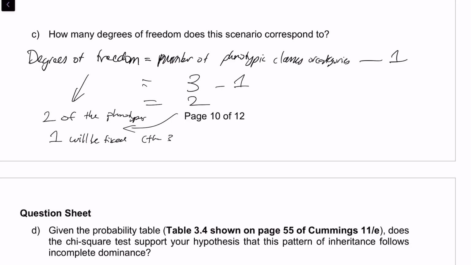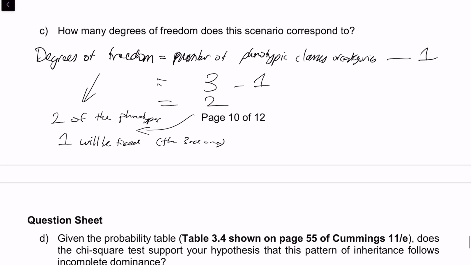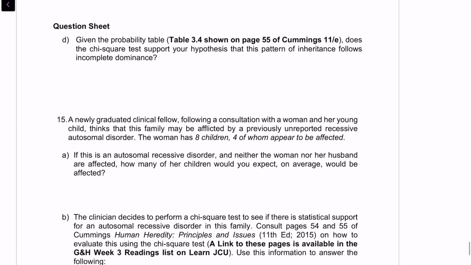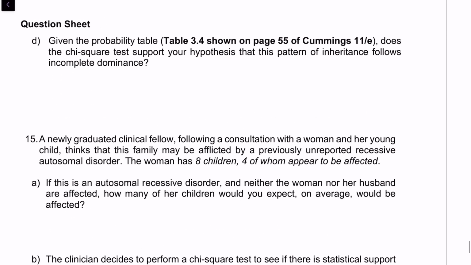The third one will be fixed, or the one left over, because we just basically do 1 minus those 2 proportions. So that's what degrees of freedom essentially means. But what we really need to know is how to use the chi-square test to evaluate whether our hypothesis is met here. All right.